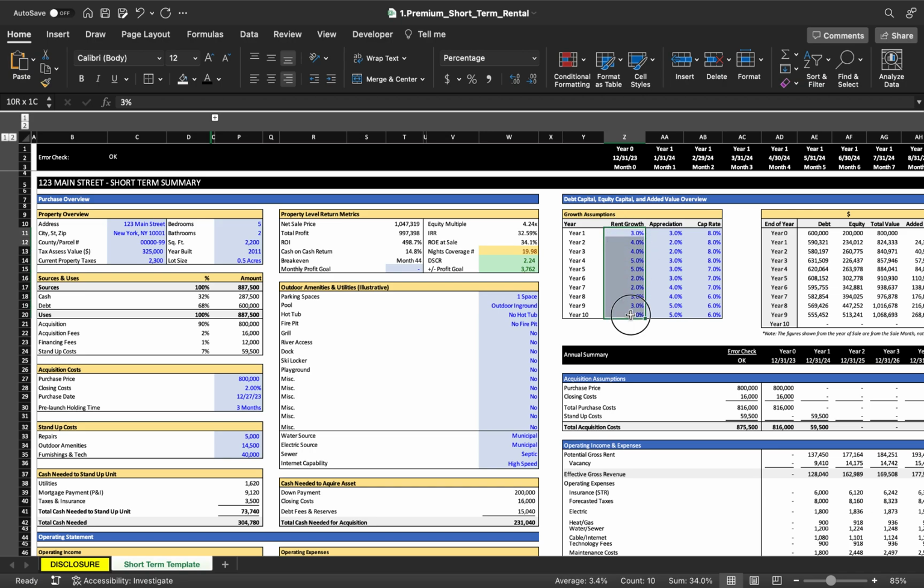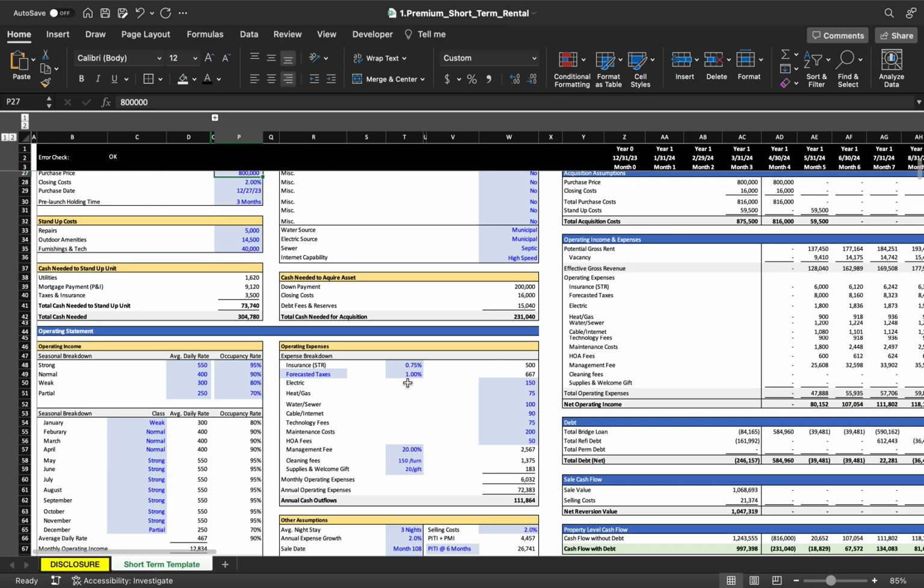You can update this on a 10-year basis. Same thing with the appreciation for the asset in general. So if you buy it for $800,000, after 1 year, that $800,000 value is going to appreciate 3%. And then in year 2, that $800,000 value that had already appreciated 3% is going to appreciate another 2%. So that's going to help you identify what you can sell the asset at the end of the holding period.